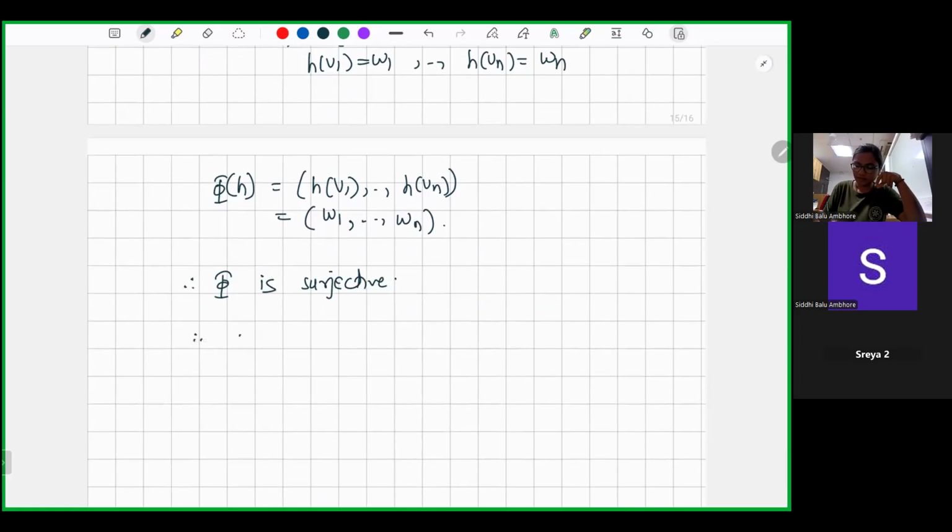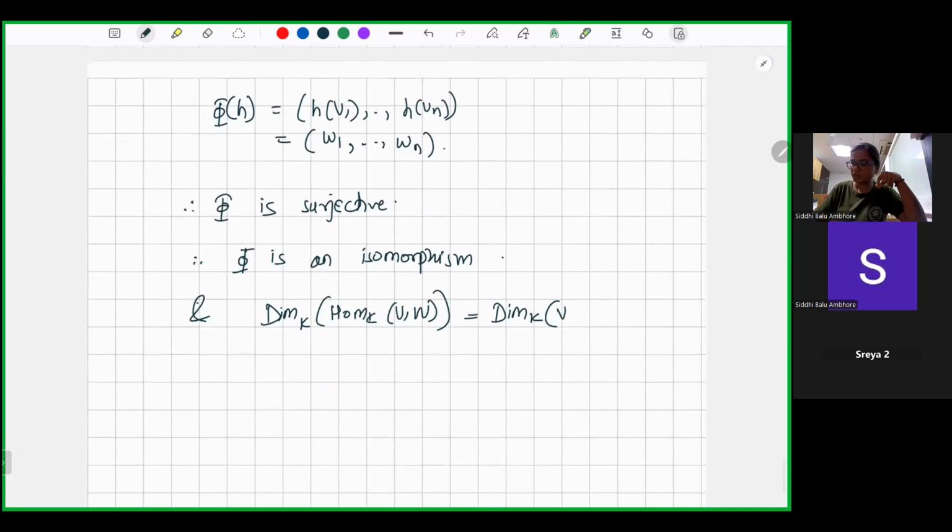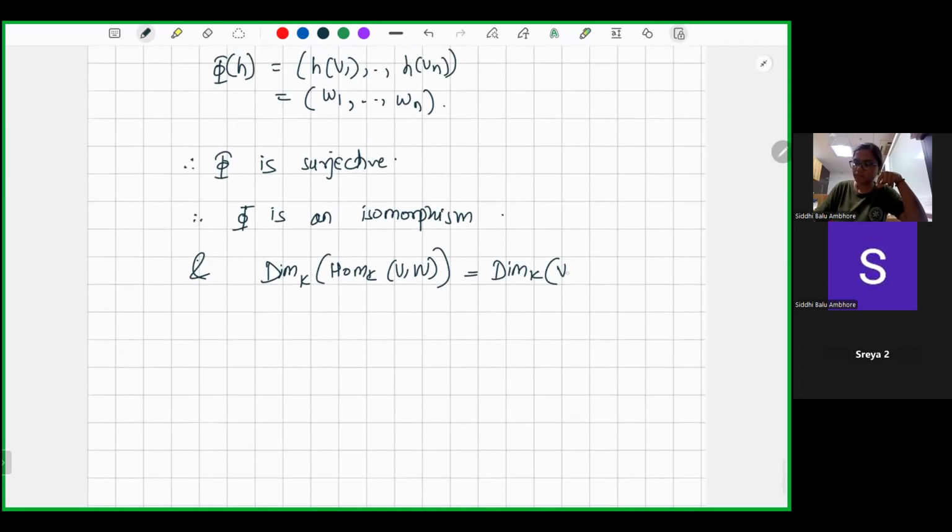Therefore phi is an isomorphism, and hence dimension of Hom(V, W) will be dimension of W^n, that is dimension of V times dimension of W. So that's what we proved.